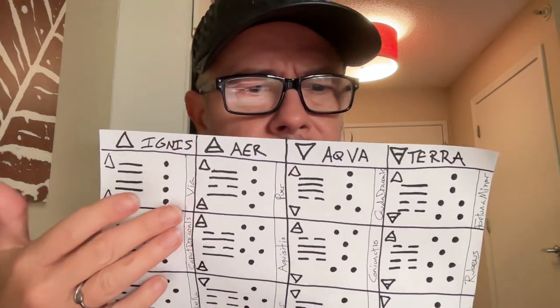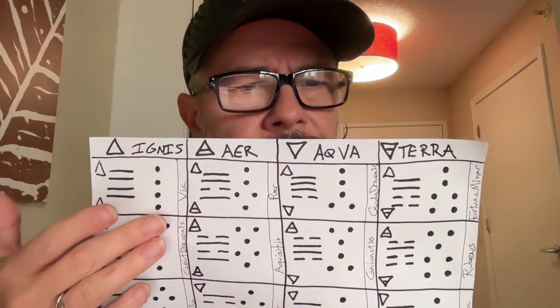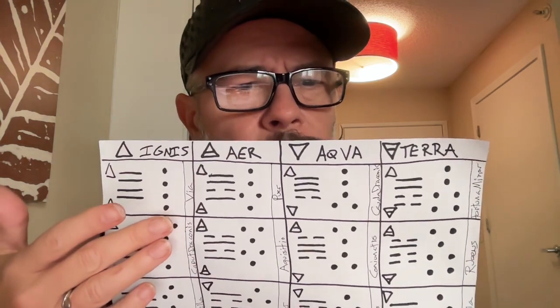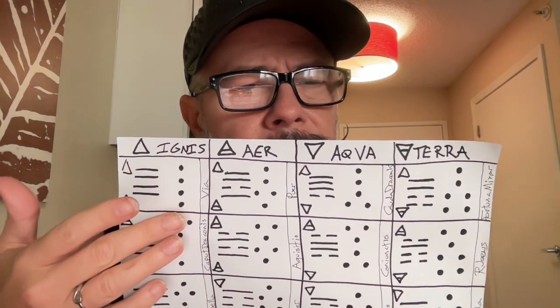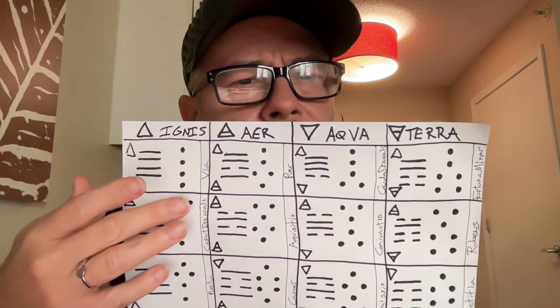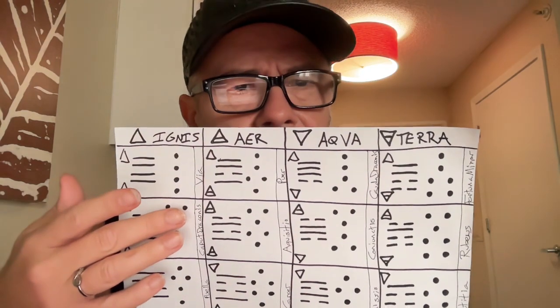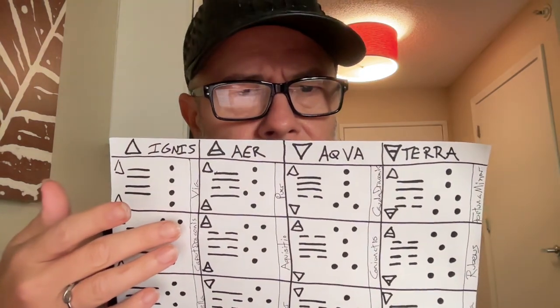So the first geomantic figure is Via, the way, and that's this figure right here. It's just 4 dots vertically aligned.